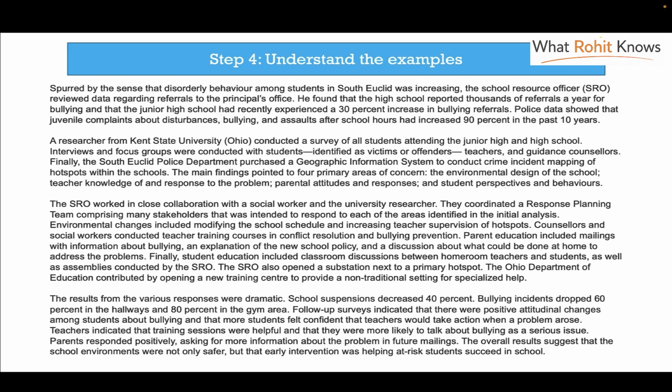So at a high level, I've understood that the researcher did a survey and found the areas of concern, based upon which the SRO then coordinated a response planning team. So avoid the details. Why do you identify the details? So that you can avoid writing about them in the summary, so that you don't think they are important.